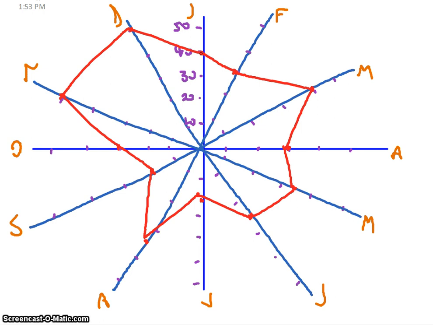Yeah, December and November. And if I said, at October, how far from 100% was it? Remembering they go 20, 40, 60, 80, 100. How far was October from 100%? 20, 40, 60. So how far from 100? Yeah, 40. Does that make sense? And that's all there is to radar charts.